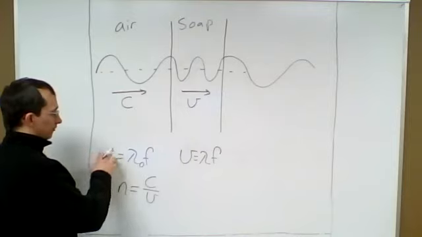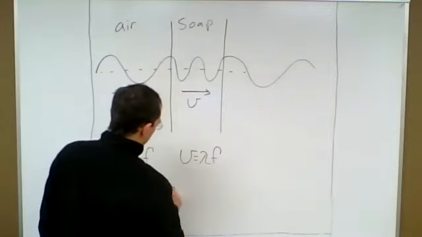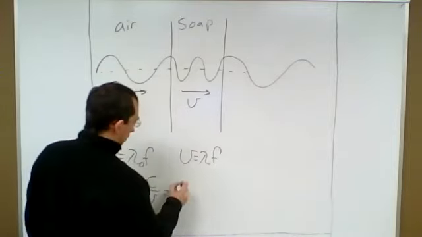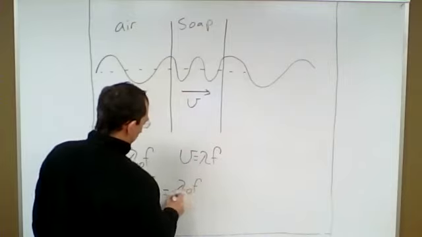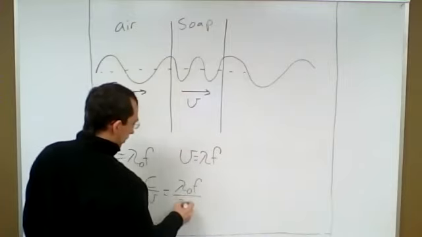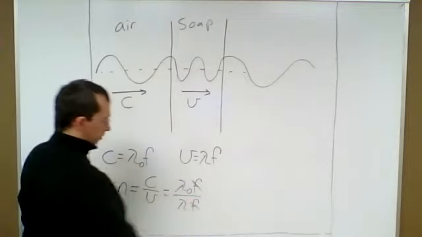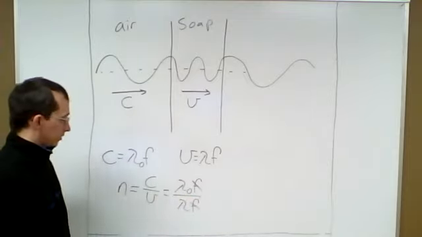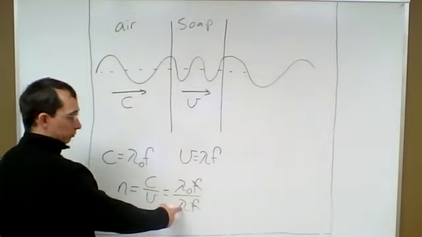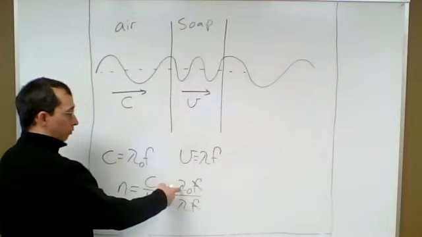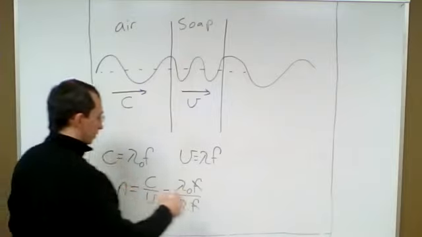So let's go ahead and divide this by this. We have lambda 0 f over lambda f. Since the frequency is the same, those cancel out. And so I can find this wavelength in the material, knowing the wavelength in vacuum.